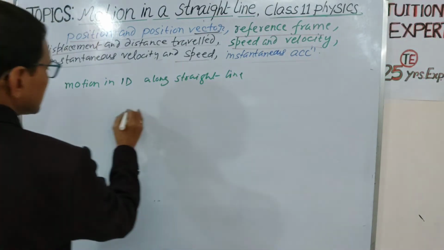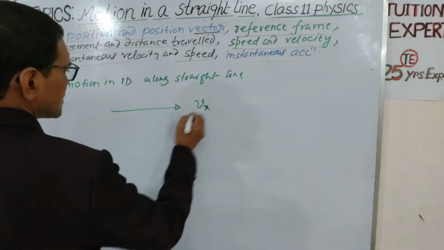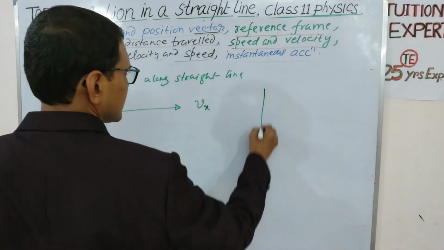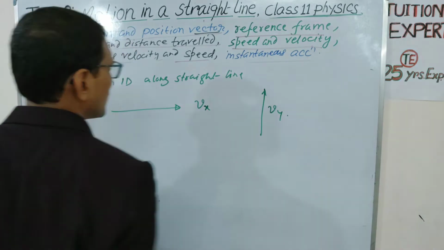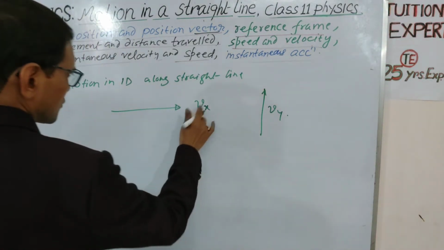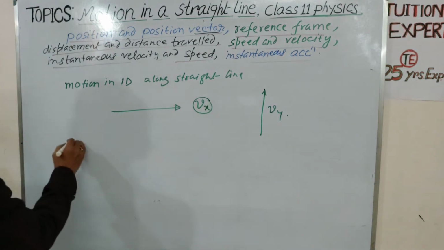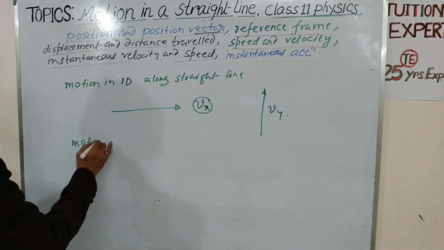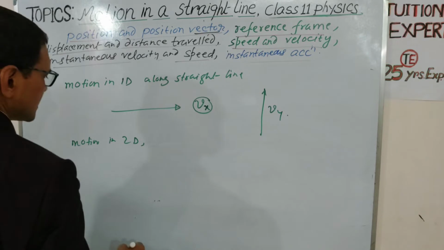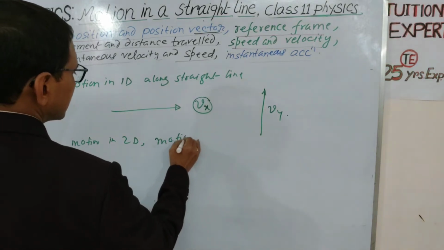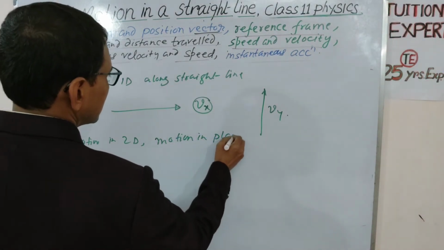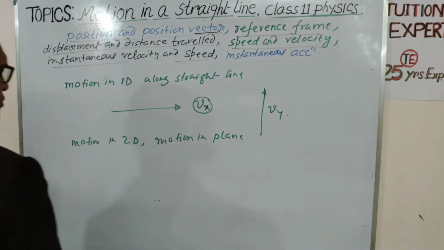Along a straight line, velocity has only one component, Vx or Vy. But if the motion is in 2D, that is motion in a plane, then the particle has two components of velocity.